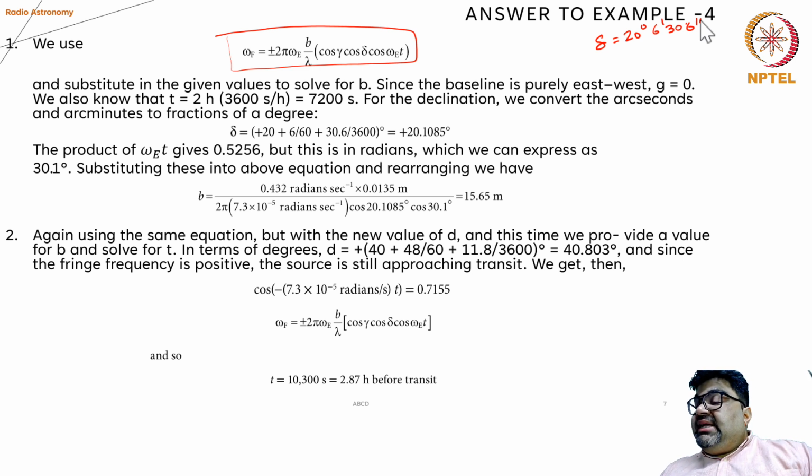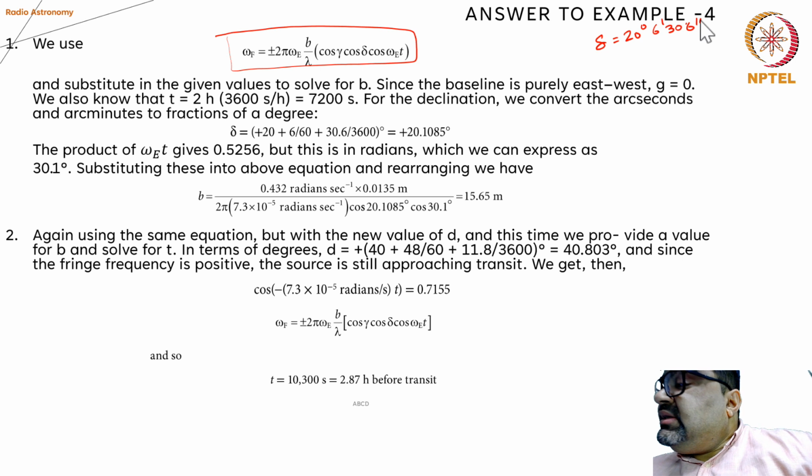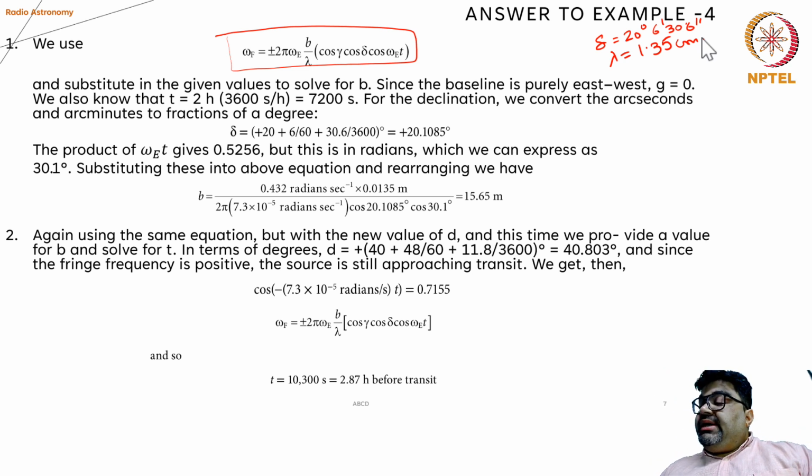We do not know the baseline. We know the lambda. Lambda is given by 1.35 centimeters. Fine, since the baseline is purely east-west, g equals 0, that is okay.